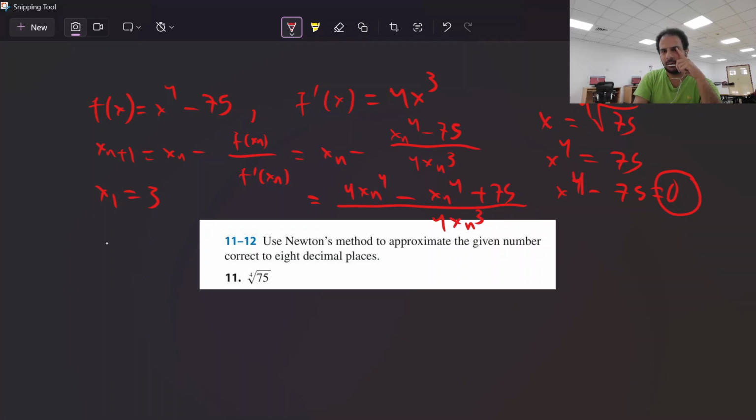For example, x1 equals, you write the value you want, then x2. Or better, I can tell you what to use. Let's now find x2. Remember here we want to approximate to 8 decimal places. We don't have more time, right?